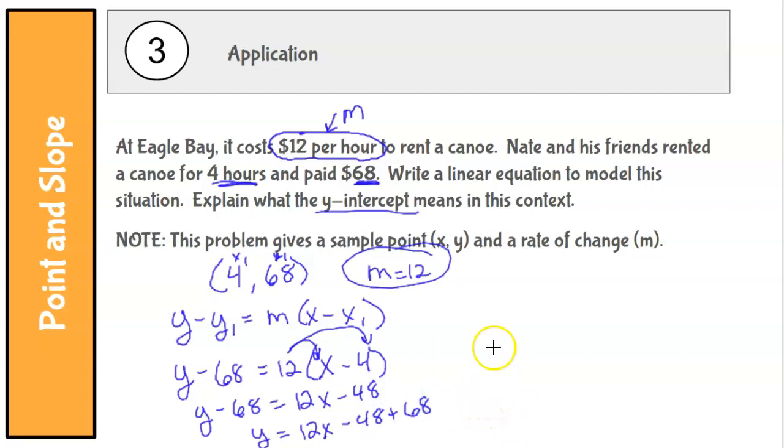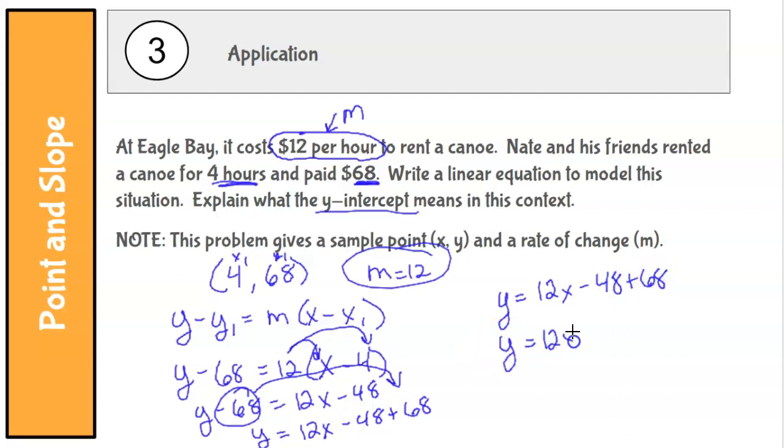So my answer is y equals 12x. Again, I move the minus 68 over to the other side so that the y could be by itself, and I change the signs when I change sides. Minus 48 plus 68, so y equals 12x plus 20.